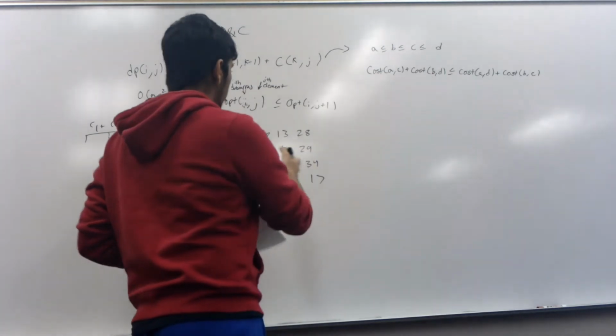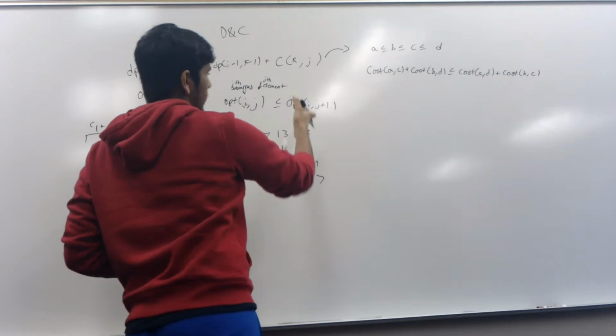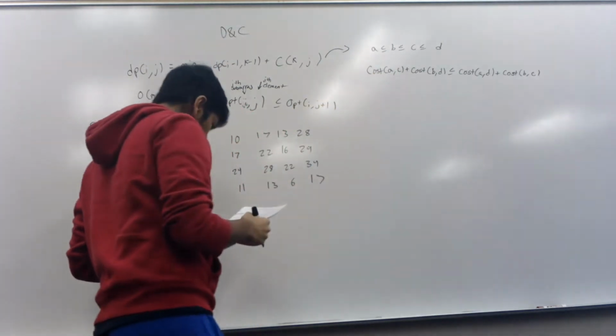So what are the properties of Monge matrices that give us this sufficient but not necessary condition for monotonic transitions?